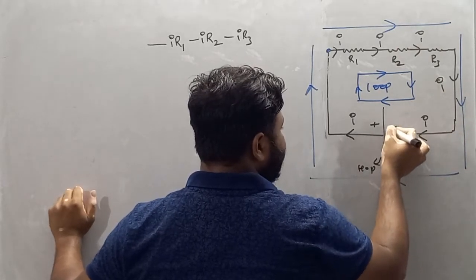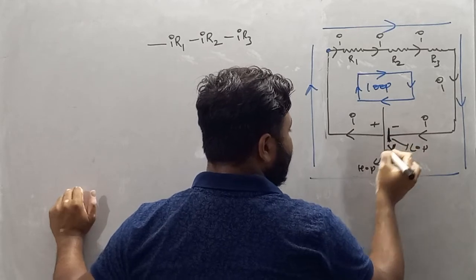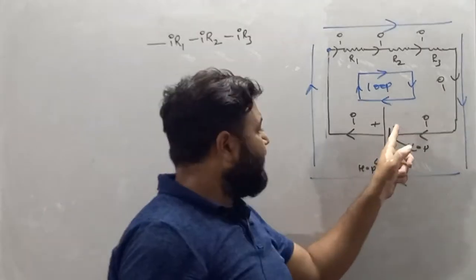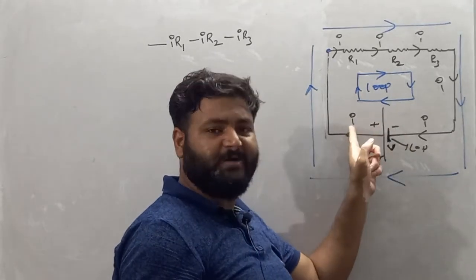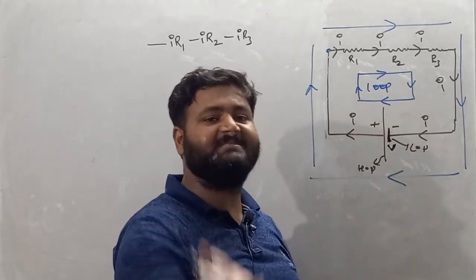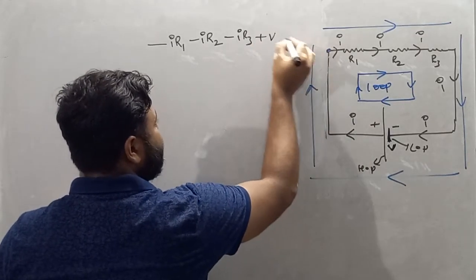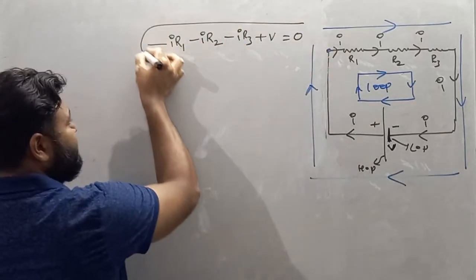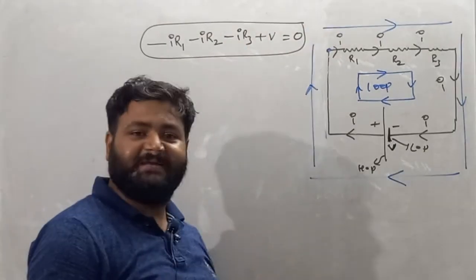Moving forward, I encounter the negative terminal of the battery and go towards the positive terminal. So we are going from lower potential to higher potential, which means potential is increasing. So I write plus V, and come back to this point, equal to 0. This is Kirchhoff's second law application.